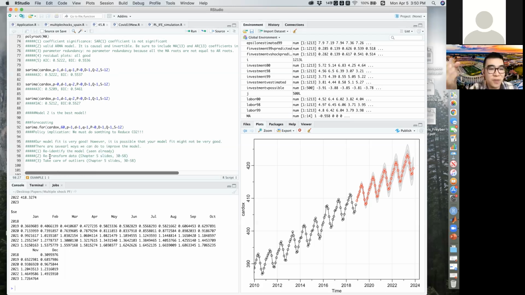Okay, and in that example, you will see that those different transformations can actually transform the data much better. Okay, and the number three, I think is perhaps the most important thing, is that you need to take care of the outliers if you find that your model fit is not very good.